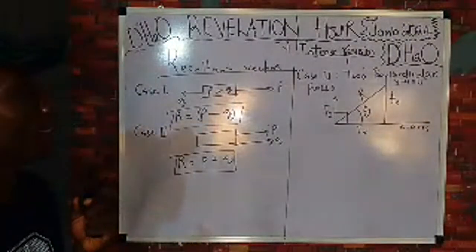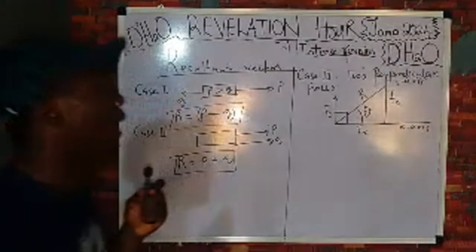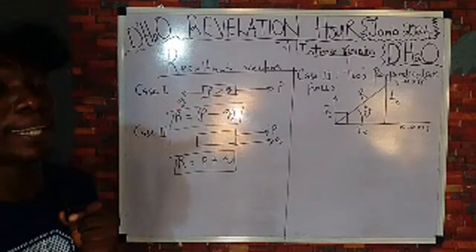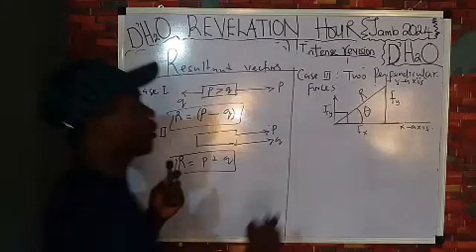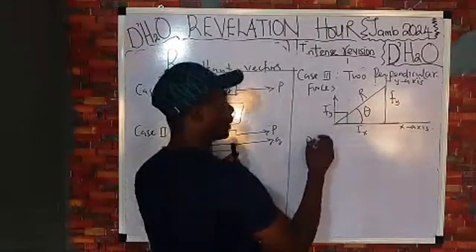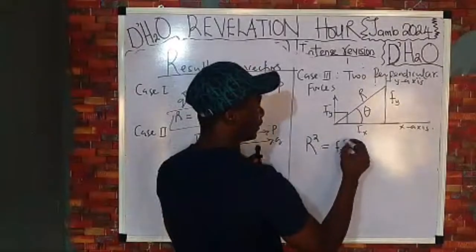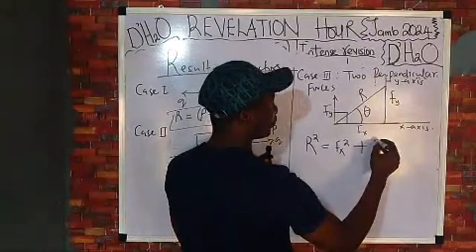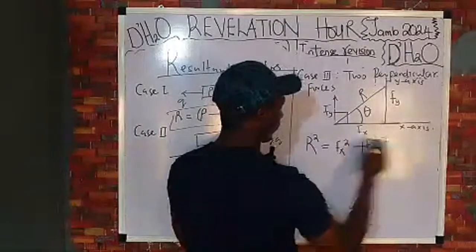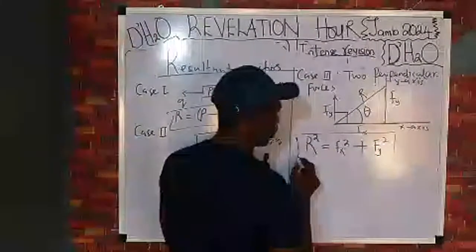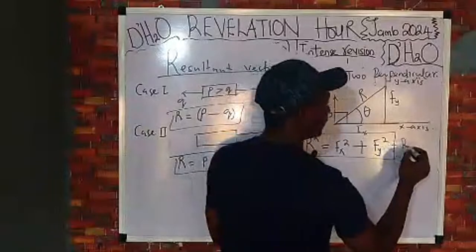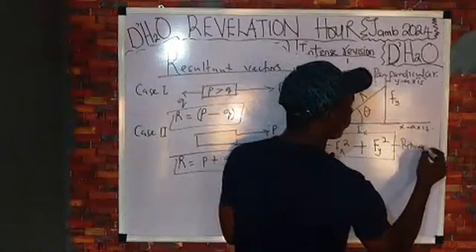So we are in case number 3. If the two vectors are perpendicular, how do we get the resultant? You use Pythagoras theorem. Pythagoras theorem says R squared is equal to Fx squared plus Fy squared.